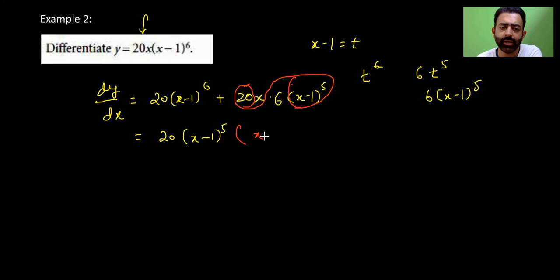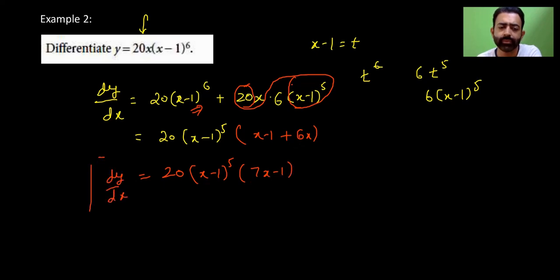Inside the bracket you will have x minus 1 for the first term, and here you will get just 6x, so x minus 1 plus 6x. So this is 20 into x minus 1 raised to power 5 multiplied by 7x minus 1.